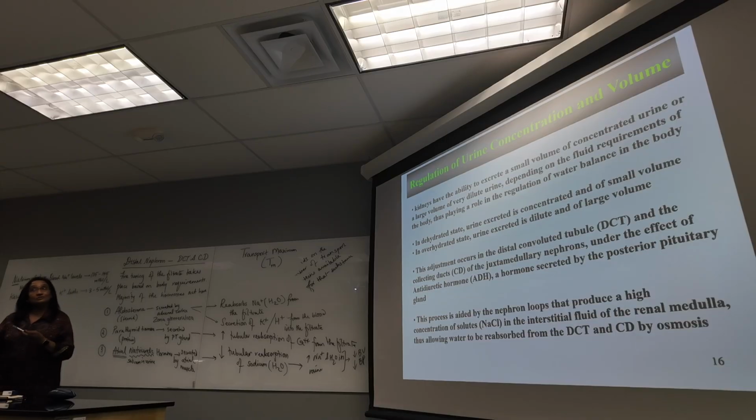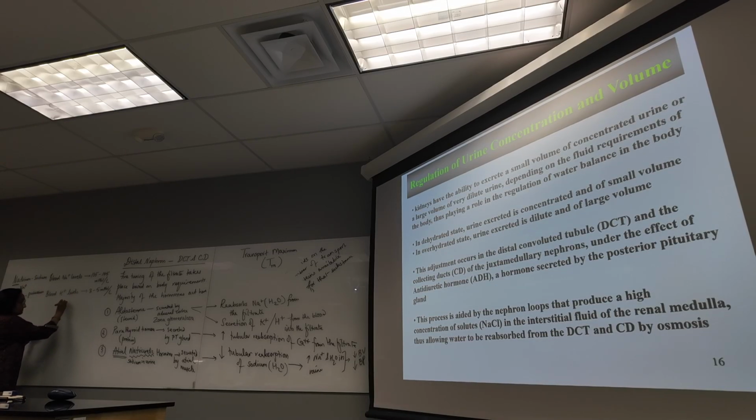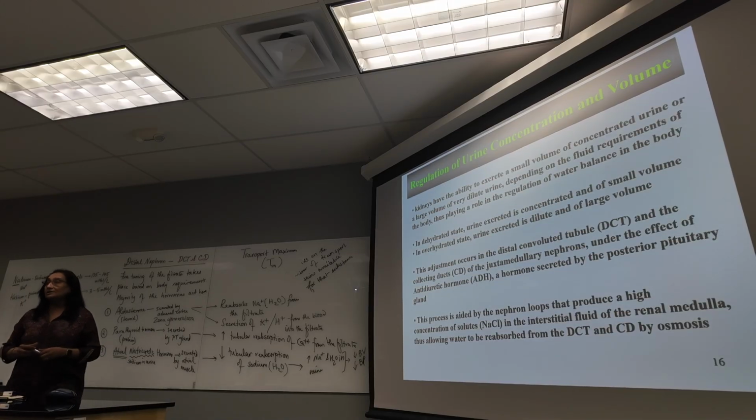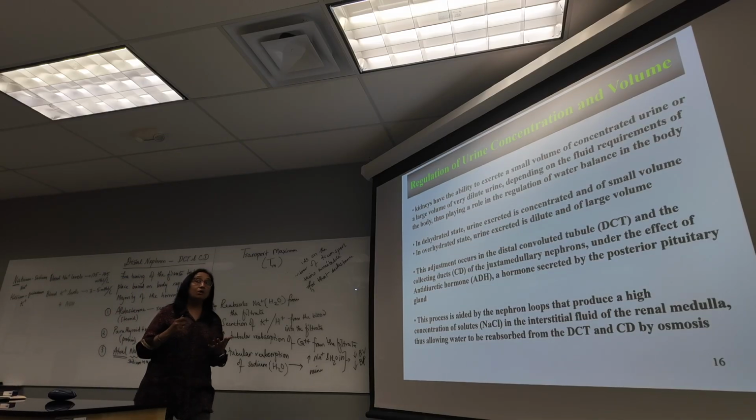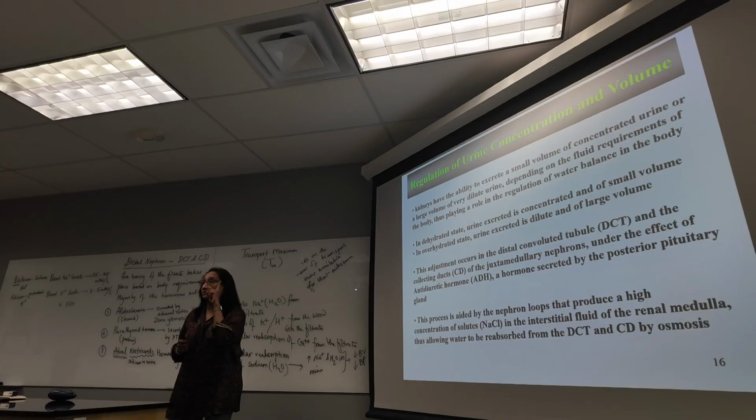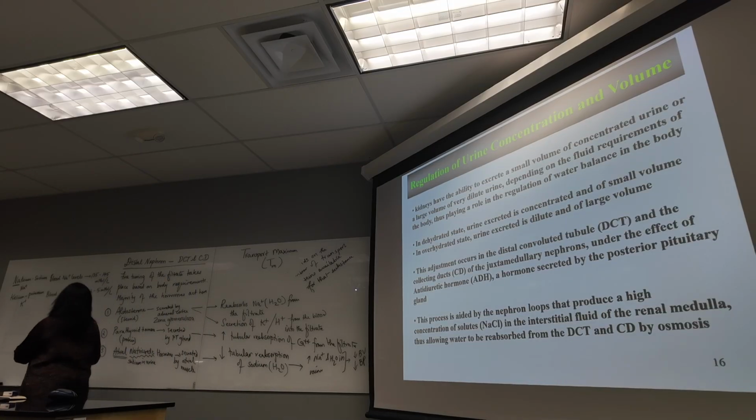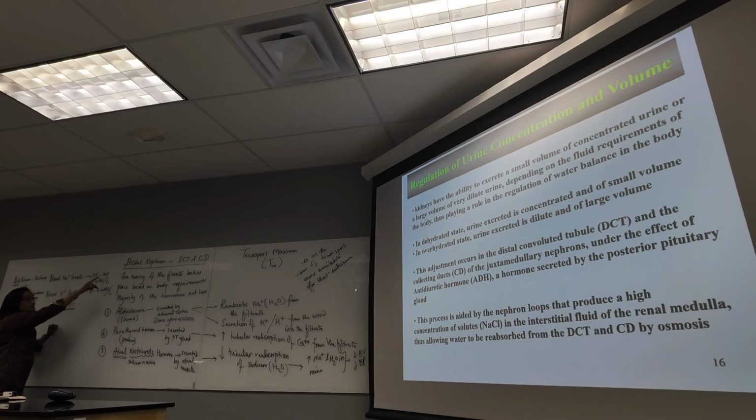Now the fourth most important one, which you already all know about, is ADH, antidiuretic hormone, which comes from your posterior pituitary. You all know it increases water reabsorption. So the role of ADH in the distal convoluted tubule and collecting duct is to increase reabsorption of pure water.